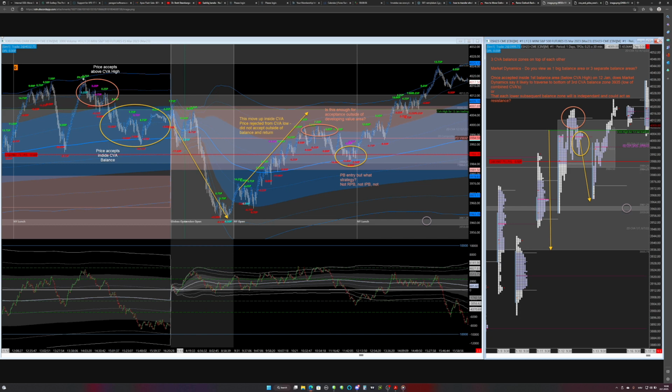We broke above, then we print some bull flag and touch the composite value area high, and at this moment it was also the DVA high in this area. So long was a proper trade here, but you must remember that there are no 100% trades in the market.